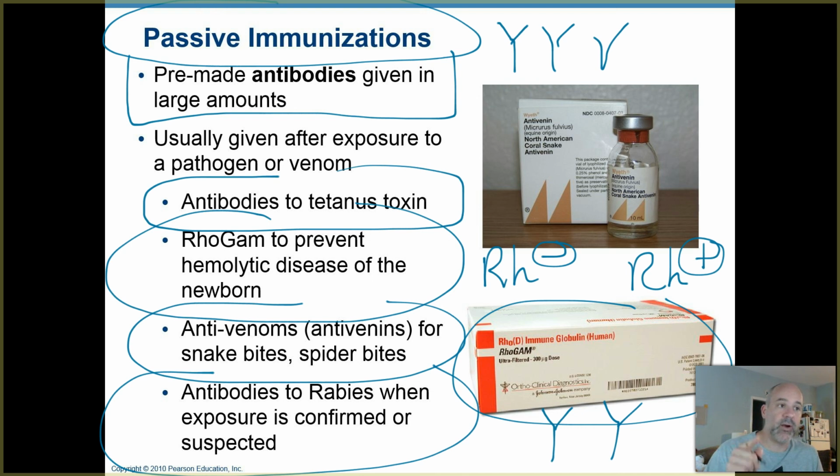And the idea there is you're trying to prevent the mother from being able to make her own antibodies against Rh. Because if she gets pregnant again with an Rh positive fetus and she's making antibodies to Rh, those then go inside the fetus and attach to the fetus's red blood cells, because that's where you find your Rh factor or your Rh antigens. And those red blood cells can wind up actually bursting due to that process.